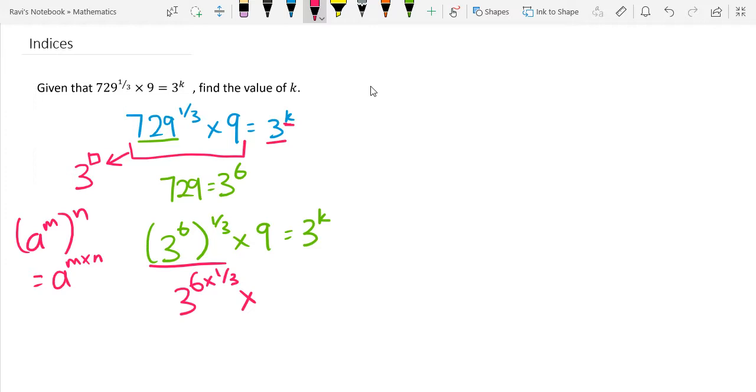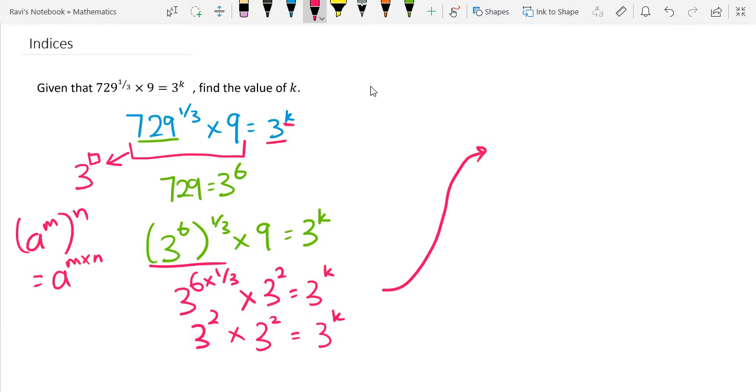And 9, as we know, is 3 squared, is equals to 3 to the k. So this simplifies to 3 to the power of 6/3, which is 2, multiplied by 3 squared equals to 3 to the k. Okay, let me carry on over here.